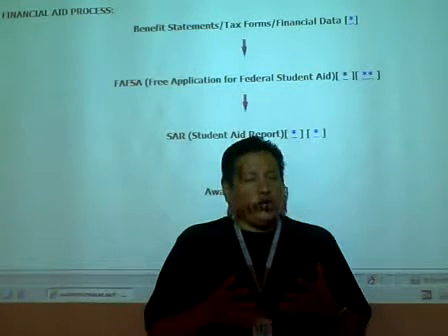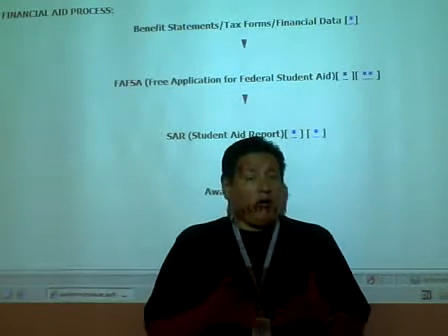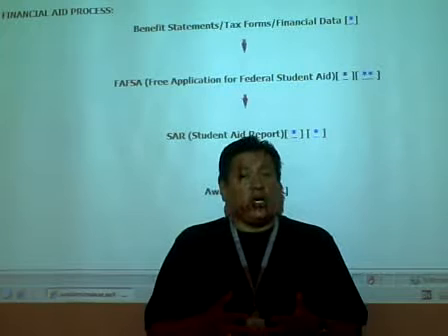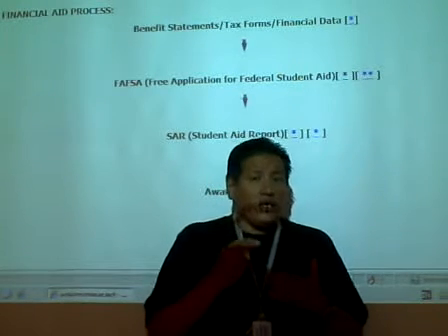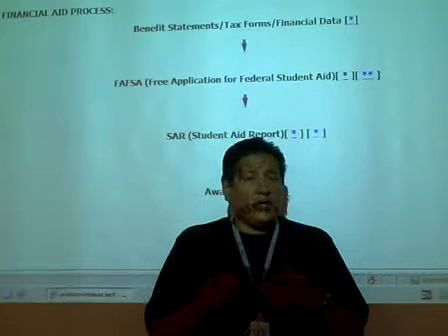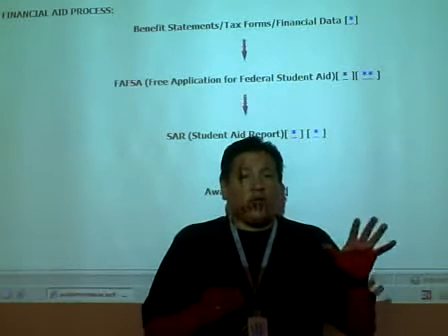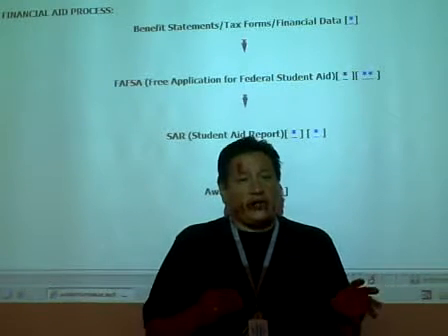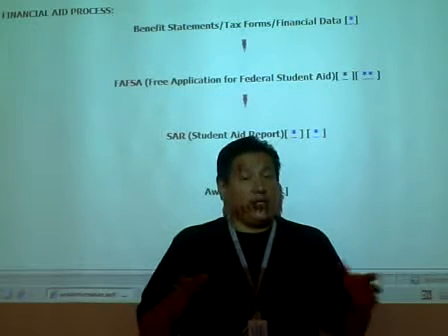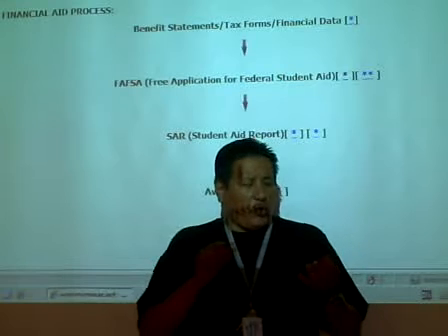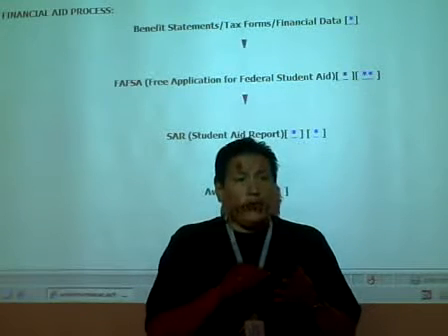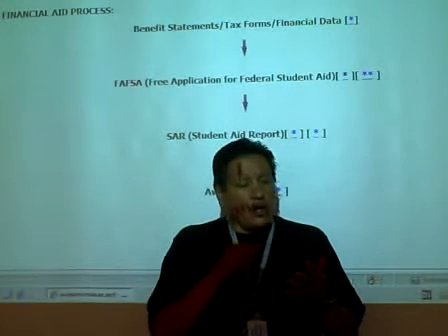First off, you start out with your financial situation at home. So, parents, you have 2 parents, 1 parent, a guardian if you live with somebody else, and yourself. For seniors that are graduating in 2009, we're going to look at 2008, the year that we're in right now, as I make this video. We're going to look at what your parents made, what you made, and what was paid in taxes.